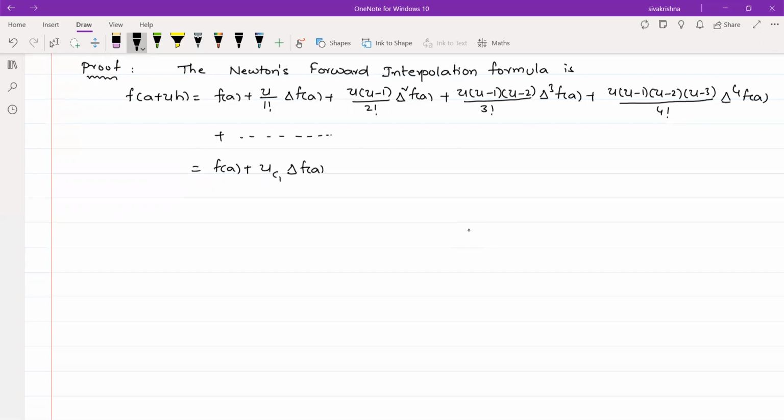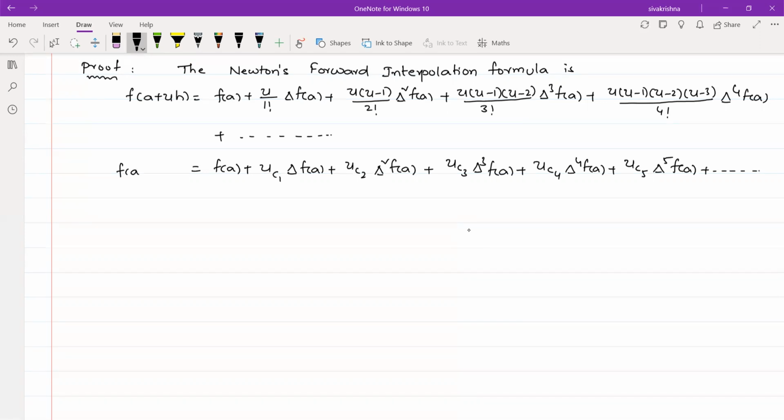In the third term we have u into (u minus 1) by 2 factorial, and that can be written as uC2 into delta square f of a, and after that we can write uC3 into delta cube f of a plus uC4 into delta power 4 f of a plus uC5 into delta power 5 f of a plus and so on. Okay, so this is Newton's forward interpolation formula.